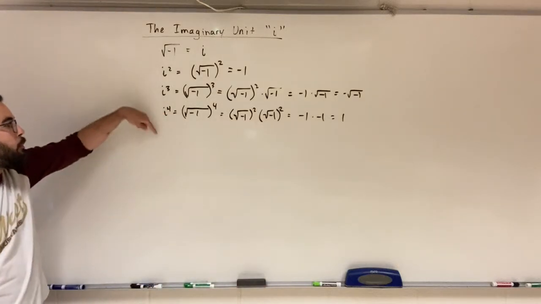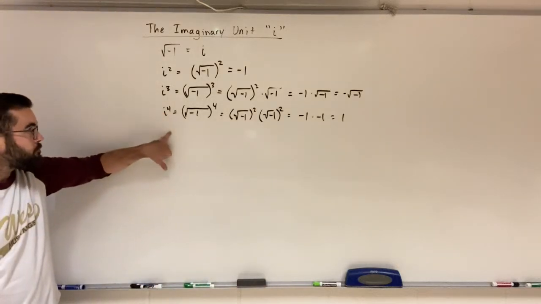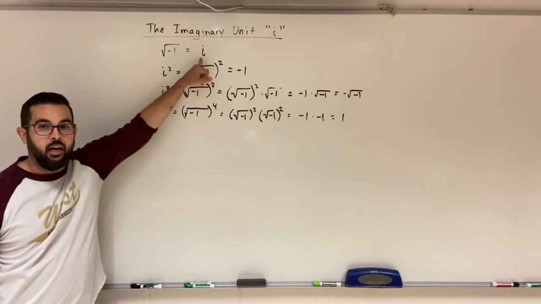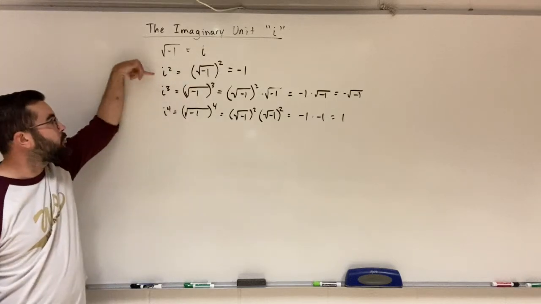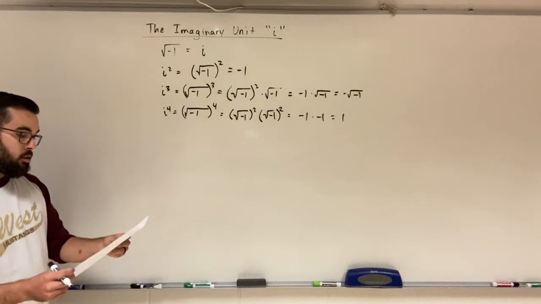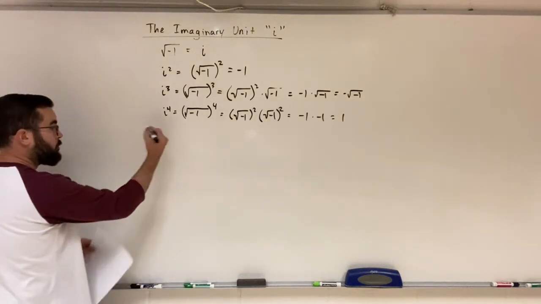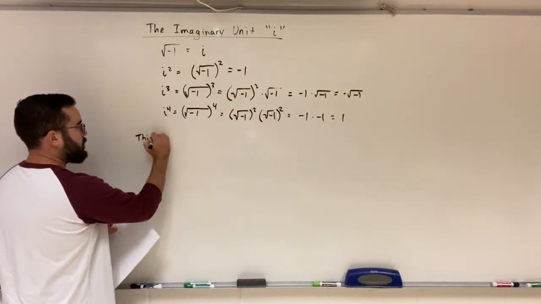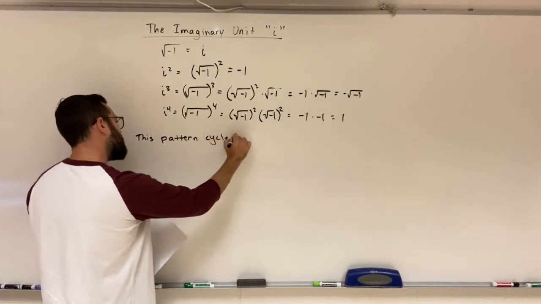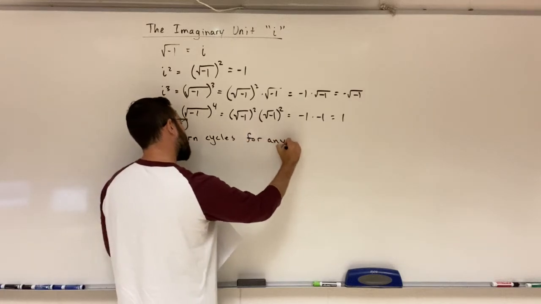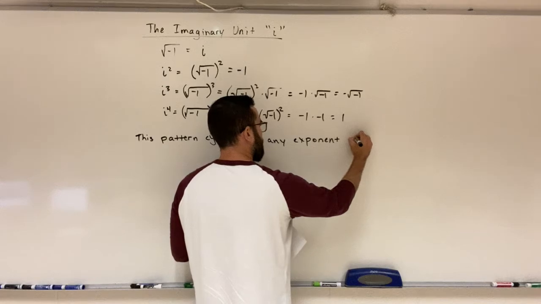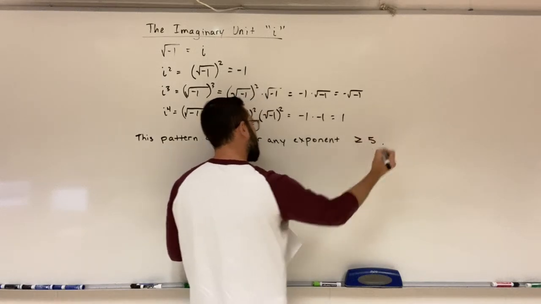And this cycle repeats. If we go to i to the fifth, you'll see that it comes back to just i. i to the sixth is the same thing as i squared, and this cycle repeats for any exponents greater than or equal to 5. So I'm going to write that down. This pattern cycles for any exponent greater than or equal to 5.